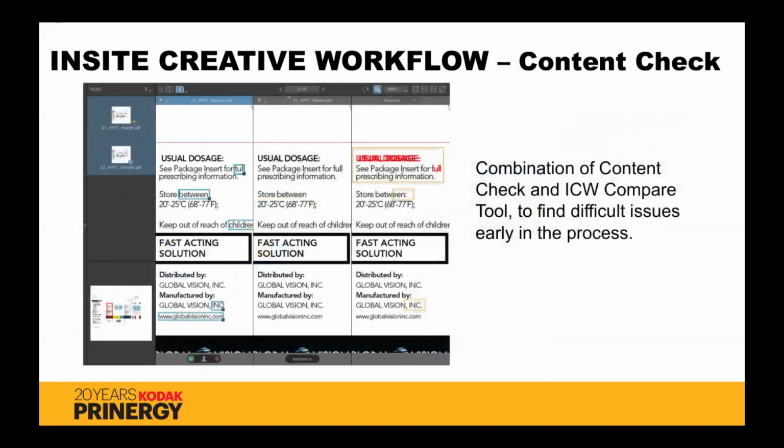Now, really, a combination of content check with an ICW compare will make your life so much easier to find issues. The reason I say that is when we've done a text compare, I'm looking at our known good and a new file. It's catching problems here. I can now zoom in and really see what that problem is quicker.